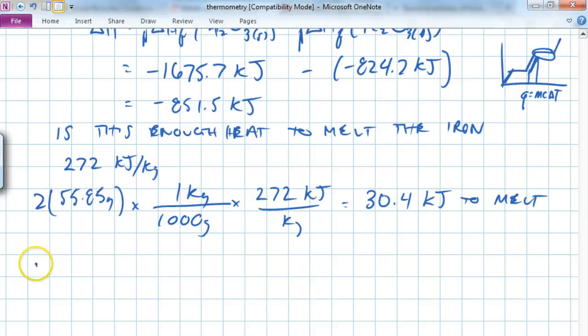Alright, last topic in this chapter is called bond enthalpies. Now we won't be doing a whole lot with these, and I'll tell you why in a few minutes. But there's a nice table of bond enthalpies in your book on page 247, so take a look at that.